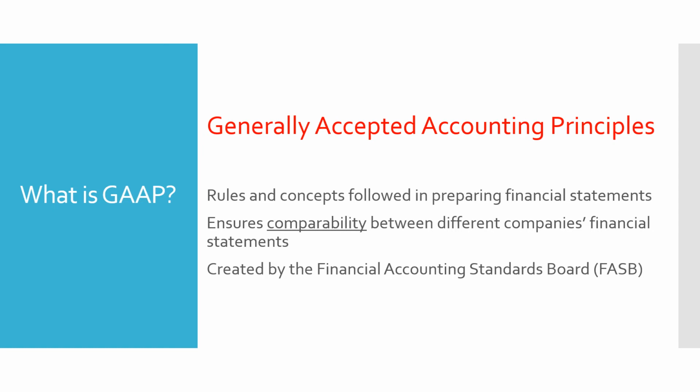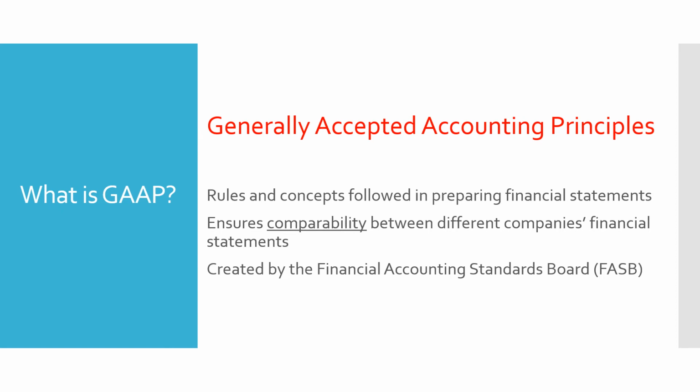And one of the many things that GAAP does is that it ensures comparability between different companies' financial statements. And specifically, that means that they're calculating net income in the same fashion. They're presenting their cash flows in the same way, and so on.